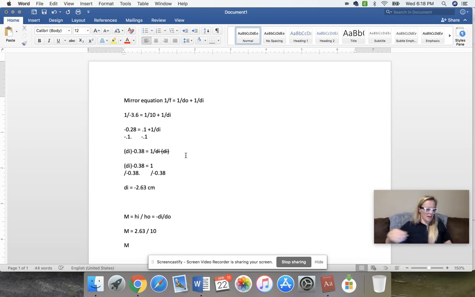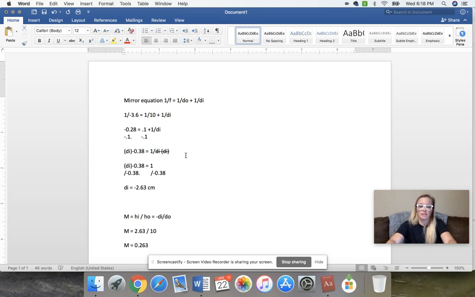That gives us a magnification ratio of 2.63 divided by 10, 0.26. Sorry, 0.263, if I want to say exactly what my phone says. It's close to 0.25, so that means it's about a quarter of the size.